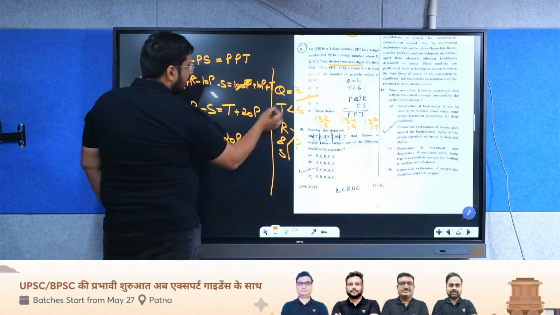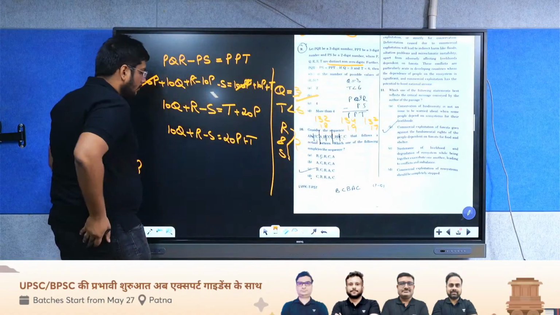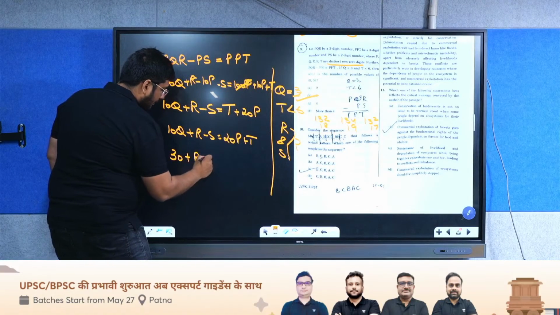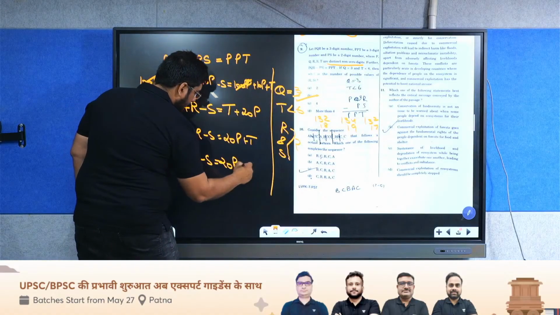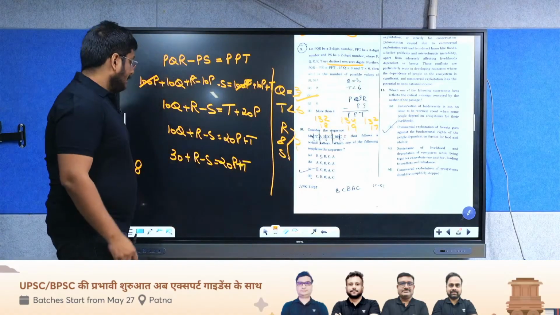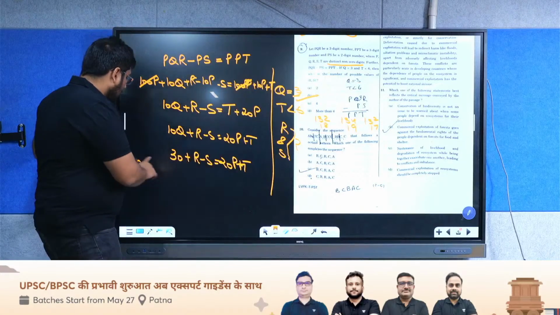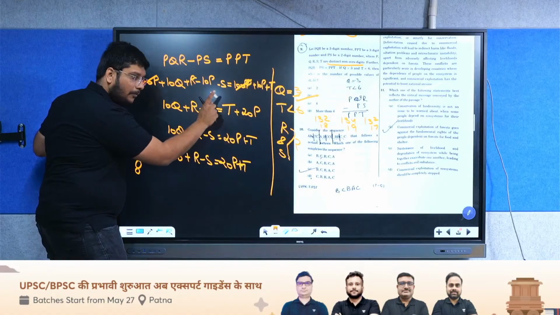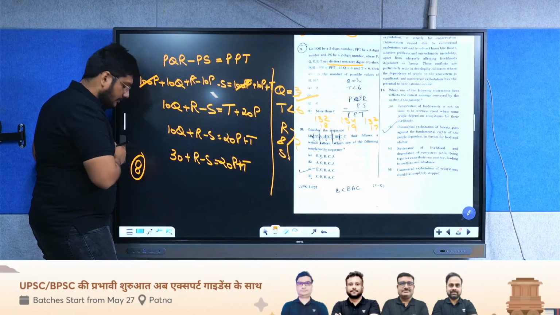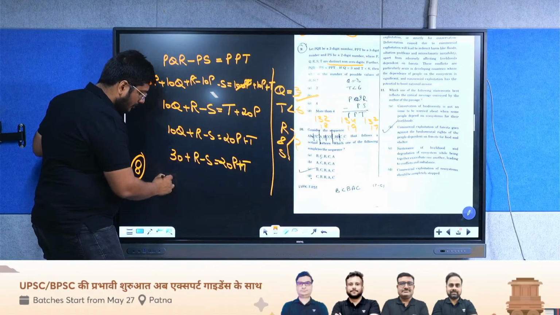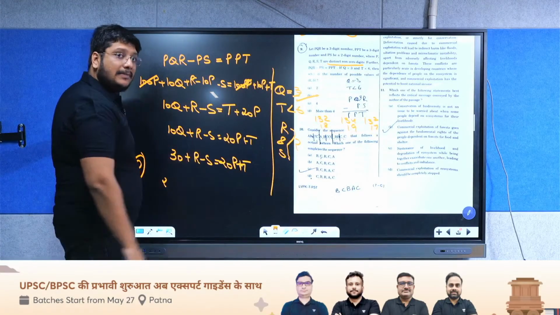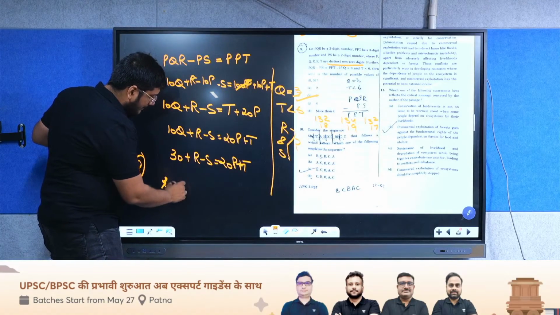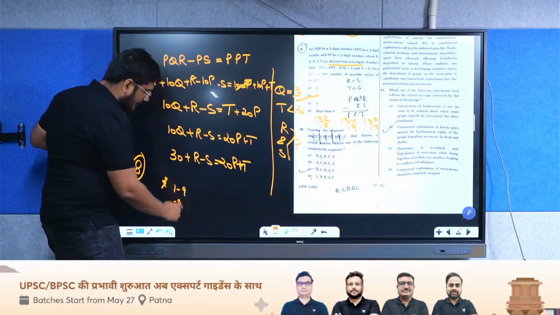Let's substitute the value of Q, which is 3. That is 10 into 3, 30, plus R minus S is equal to 20P plus T. Correct? If R is maximum 9 and S is minimum 1, then the value would be 8. If R is minimum 1 and S is maximum 9, it would be minus 8.